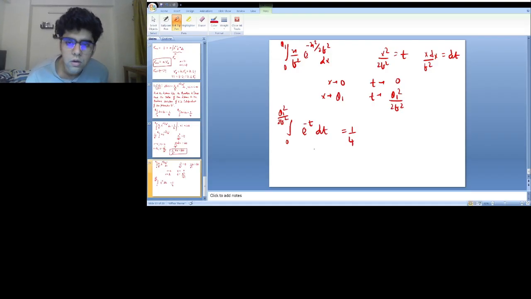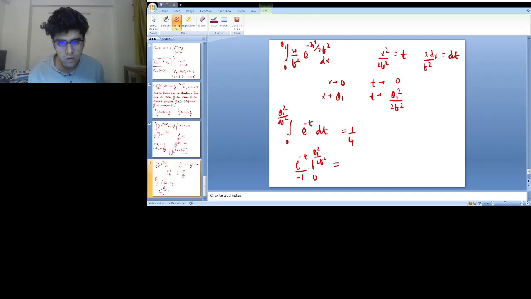Let me just check. So what we have done is correct. Yes. So the integral of e to the power minus t becomes minus e to the power minus t, with limits 0 to Q1 square by 2b square.